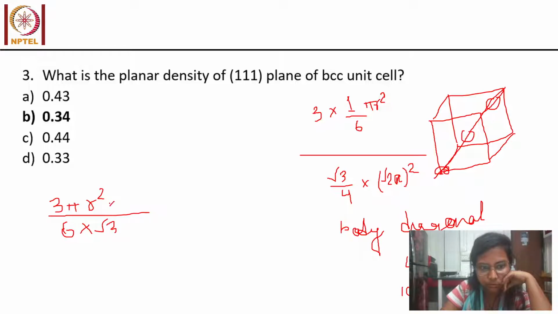This 4 will go up. Root 3. a square. 16 r square by 3.